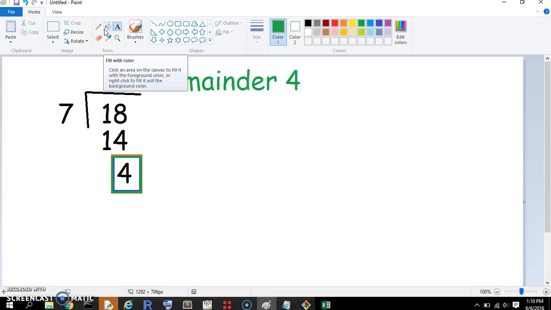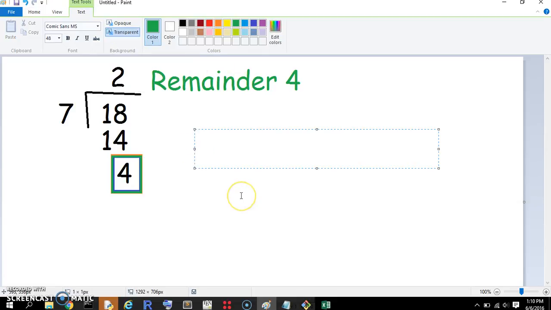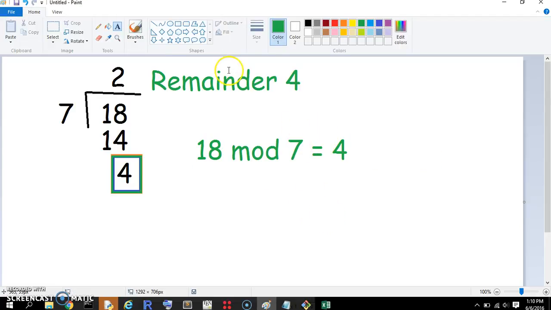Therefore, 18 mod 7 equals 4. All that modulus is, is the remainder when dividing. So remember that, and you'll be okay even when it gets complicated.